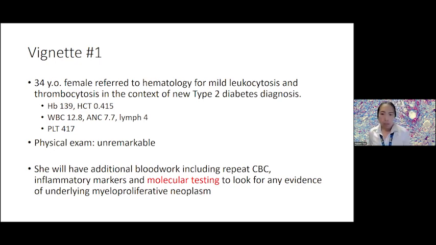And so this may actually be a point of discussion on the clinical side for those who want to engage in it. There are obvious things that you can work out. Let's just repeat the CBC. Let's rule out inflammation as a cause for the increased white count and the increased platelets.